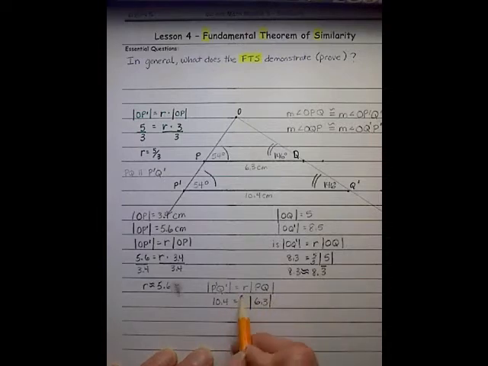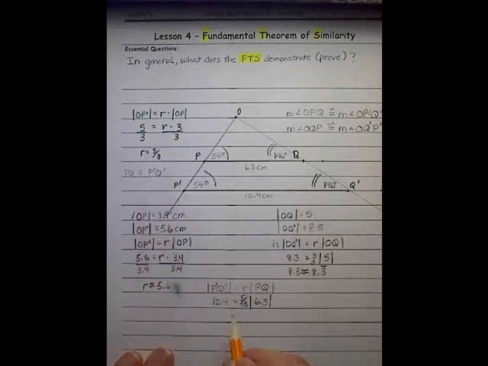And I'm going to multiply this times 5/3, which was our scale factor, and see if they are equal. This is 5/3, not 5/13, I just don't have a good eraser. So I have 10.4 on the left, and when I multiply this, it's approximately 10.5, which is very close.